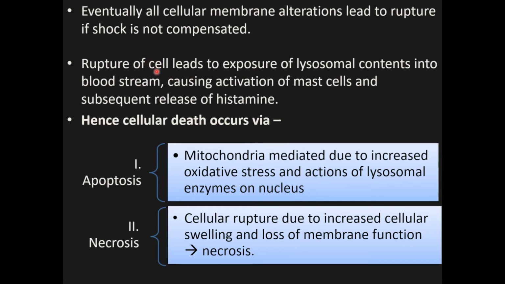As we said before, rupture of the cell leads to exposure of intracellular lysosomal contents, which leads to activation of the inflammatory cascades in the systemic circulation. But in case of apoptosis, there is no inflammation. It's an intracellular process, and the cell dies. After the death of the cell, neutrophils and macrophages clear the debris of the apoptotic cells.